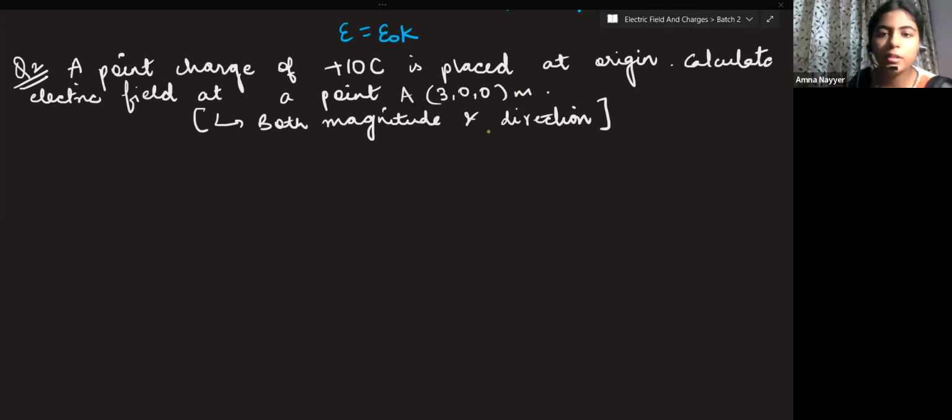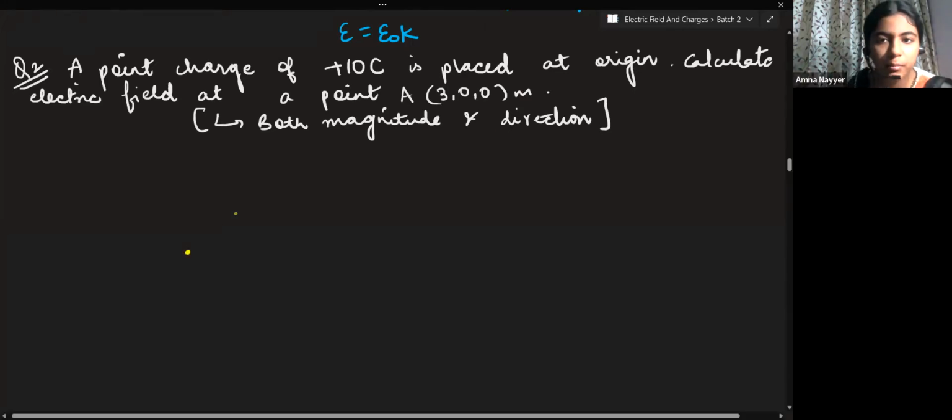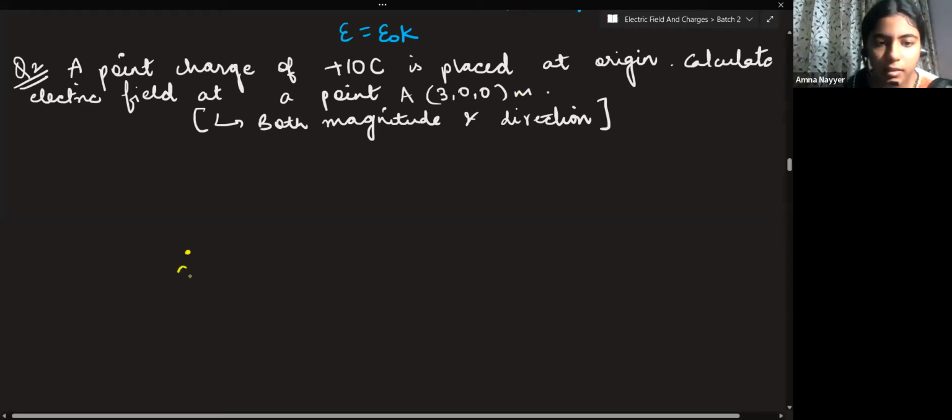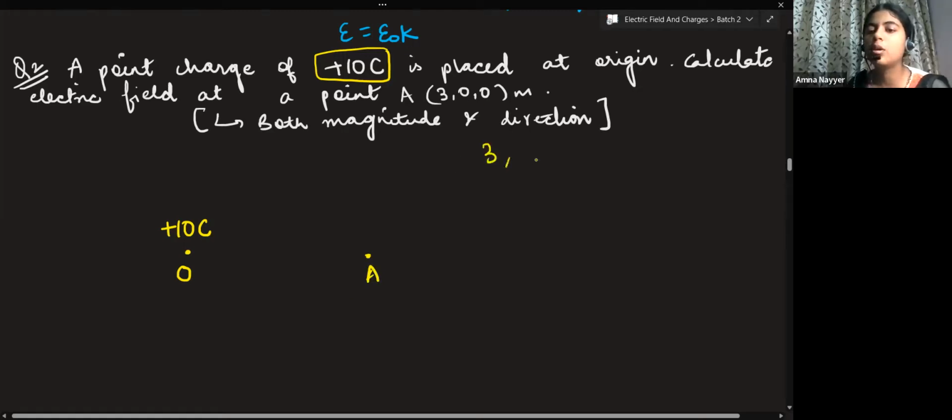See, you have a point charge placed at the origin. Krishna is also correct. Akifa and Krishna both are correct. See, Hamza, listen, at the origin you have this charge plus 10 Coulomb, and it says at a point A, this is the point A, 3, 0, 0.